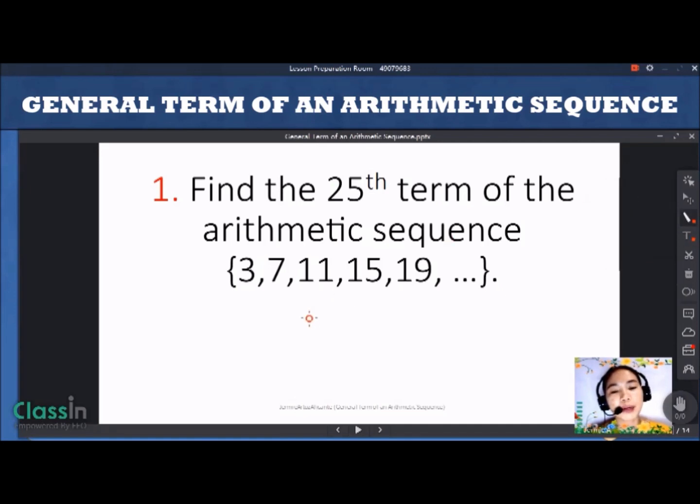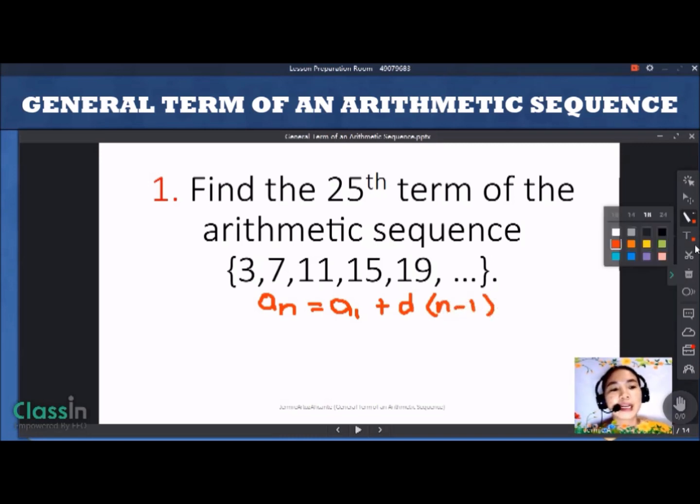Now, remember that the formula is a sub n is equal to a sub 1 plus d, or the common difference, times n minus 1. Now, since we are looking for the 25th term, we can say that we are looking for a sub 25.